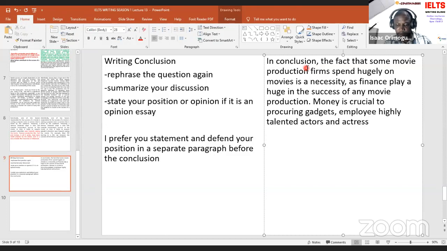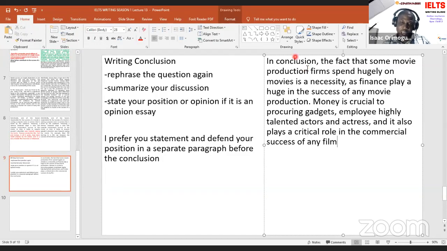And it also plays a critical role in the commercial success of any film. Okay, those are the issues I discussed.